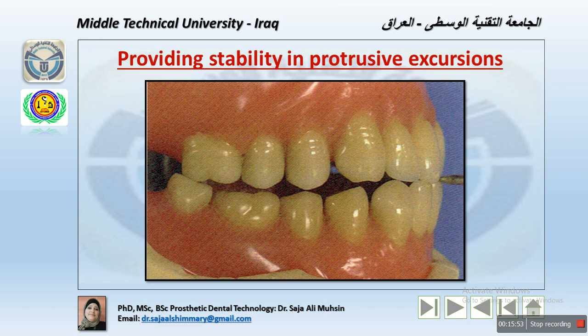Because the lower arch is narrow in class 2 and 3, and the maxillary arch wide, this will be useful as the large overjet is present. This will allow the mandible to move freely. The positioning of this tooth in this particular position is useful.